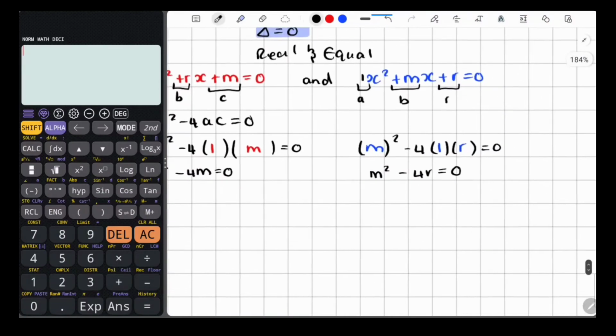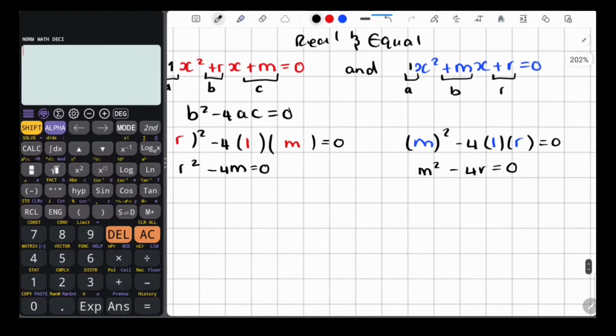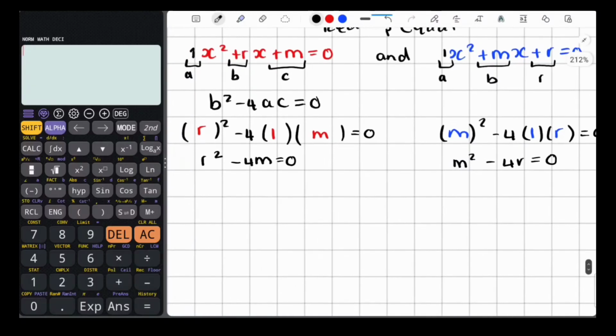In both equations we have a square, but we're basically just trying to solve for r and m in both equations. So what we can do here is make one of them a subject. You can choose to make m the subject, so take 4m over, or you could make r the subject here and take that over.